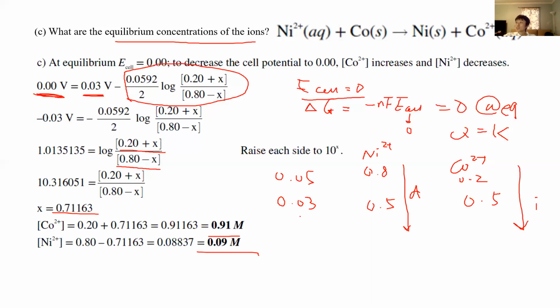And when this cell died, E cell is equal to 0, the nickel concentration becomes even smaller, 0.09, and the cobalt concentration becomes 0.19. So this ABC basically tells you a story of how this battery died after a certain time of operation. So that's all.